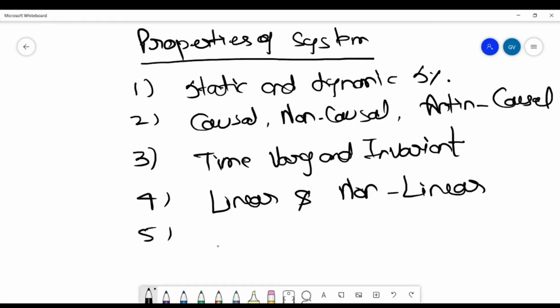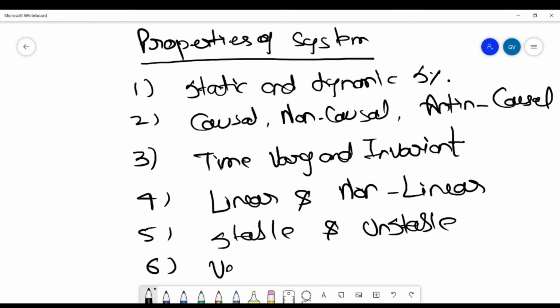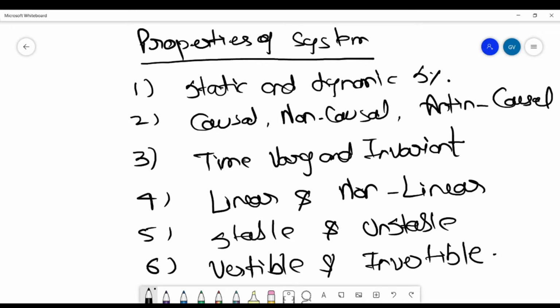The fifth one is stable and unstable system. And the last one is invertible and non-invertible systems.